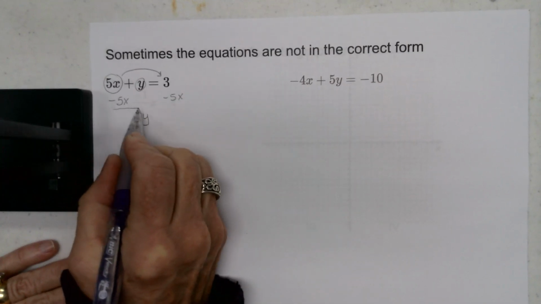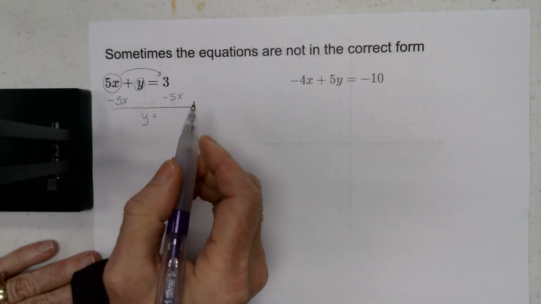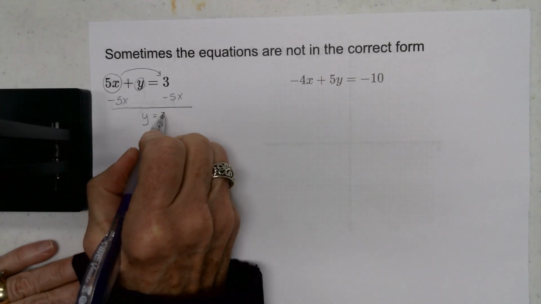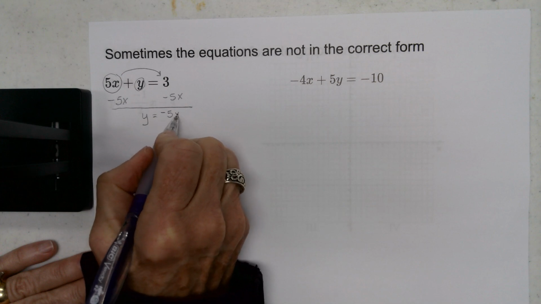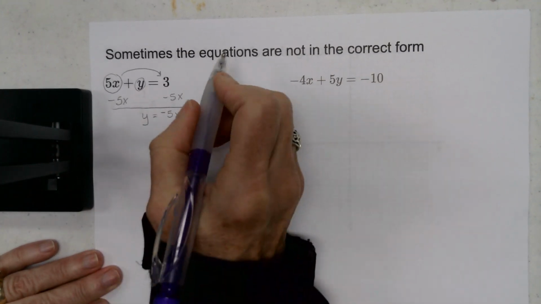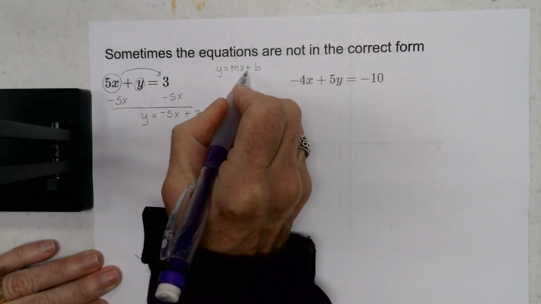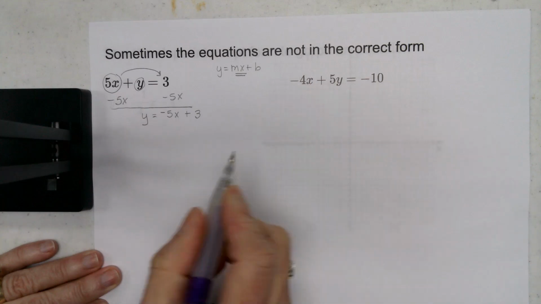Now, you'll recall that when we were rearranging problems before, I suggested that you always put the x value first. And this is why. Because when we have y equals mx plus b, notice how the x comes first.